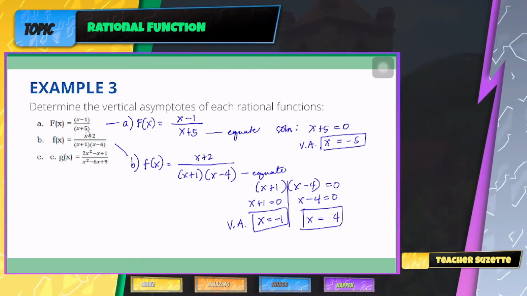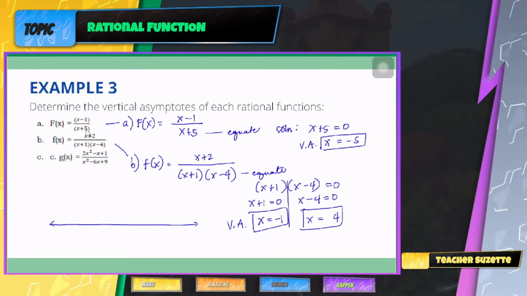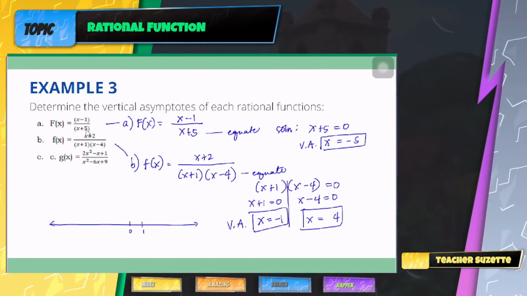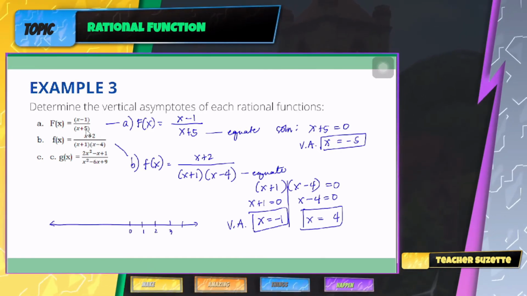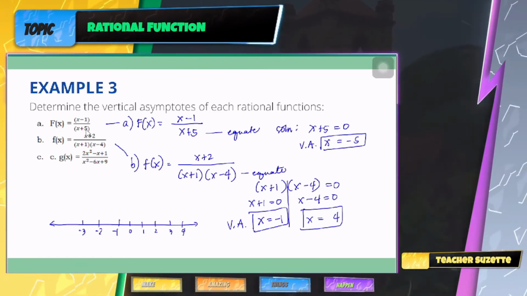On our x-axis, if this is the origin, 0, then 1, 2, 3, 4, and then negative 1, negative 2, negative 3, negative 4.